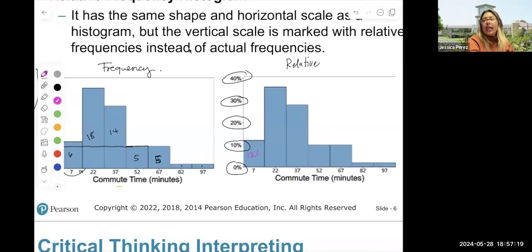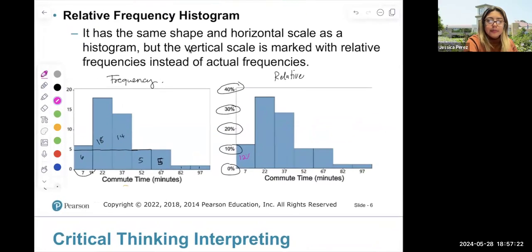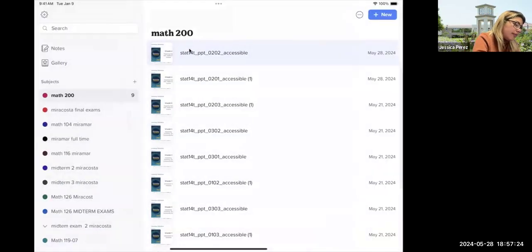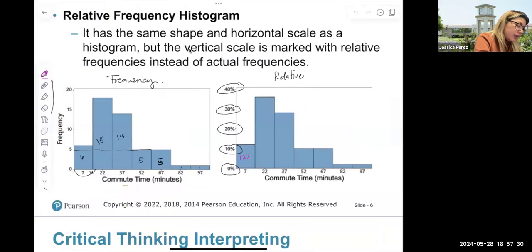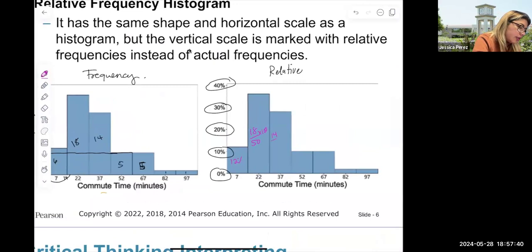And then it was 28. What we had was 18 over 50, times 100 because we want a percent. And then this is 14 over 50 times 100. And then this is 5 over 50, so 0.10 or 10%, 10%. This one was 2% and 2%.